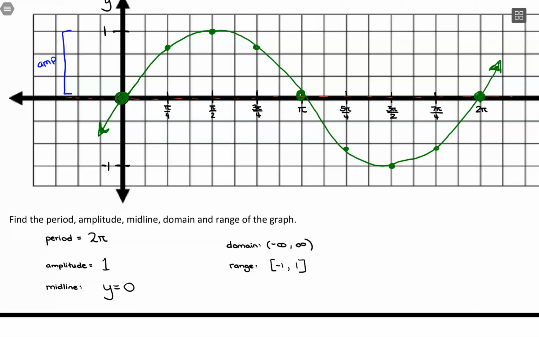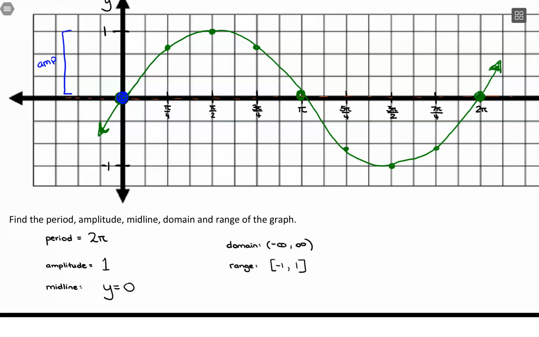Now with sine, because we're going to get into graph transformations, I want to show you how to think of dividing up our graph, because there are these special points occurring here. With sine, there's going to be a beginning and end point. We have this starting point, and then the period can help us find out where the ending point is, even though our function isn't actually ending, but in terms of graphing within a single period. For sine, that's going to occur on the midline, or in this case, the x-axis.